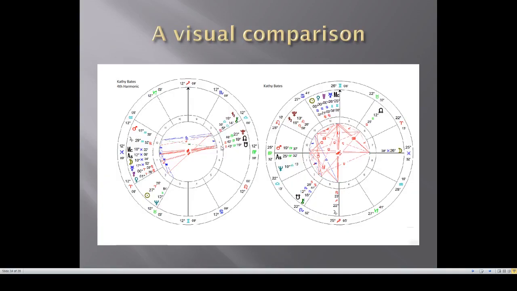So if we make a visual comparison between this Kathy Bates fourth harmonic chart and her base chart, we can now see, say, oppositions becoming sesquiquadrates or semi-squares. We can see that these trines here could be an inconjunct, or the trine could be a trine.